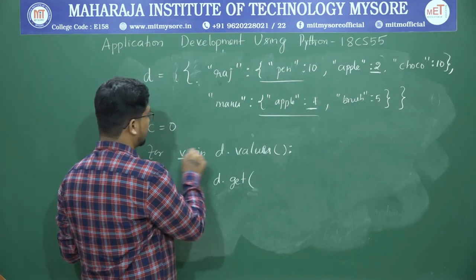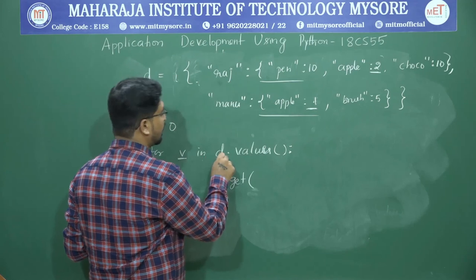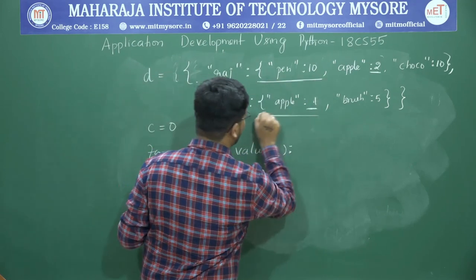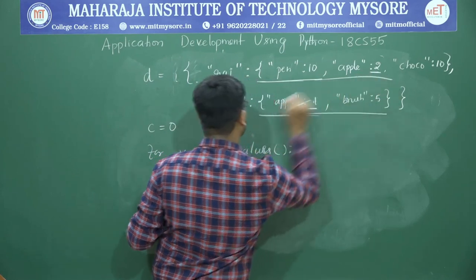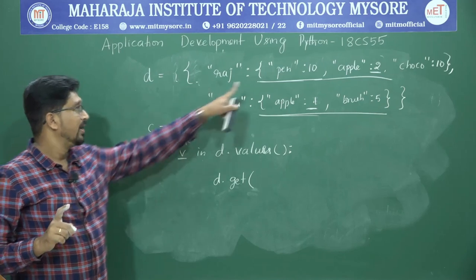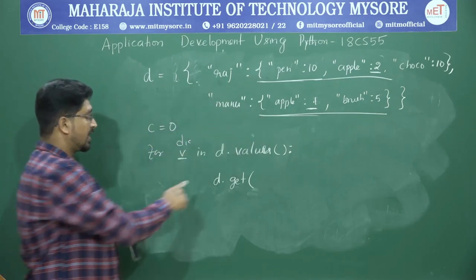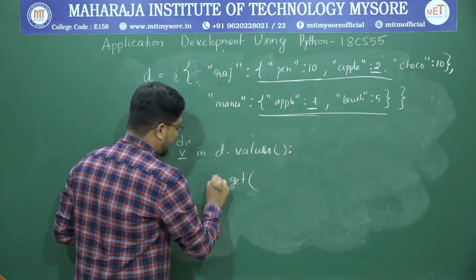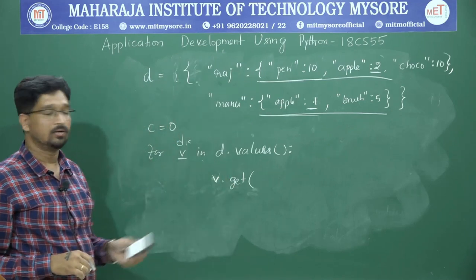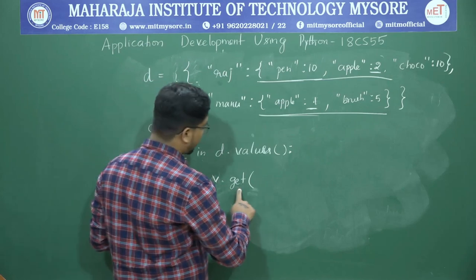Here V stands for what? V in D dot values. D contains these two big values, whereas V is nothing but again a dictionary. V is nothing but these two dictionaries. So instead of writing D dot get, I will write V dot get.